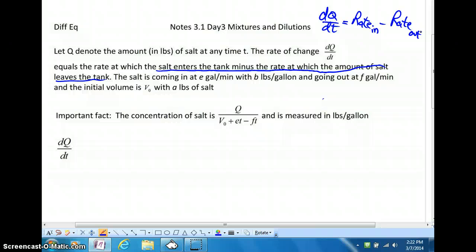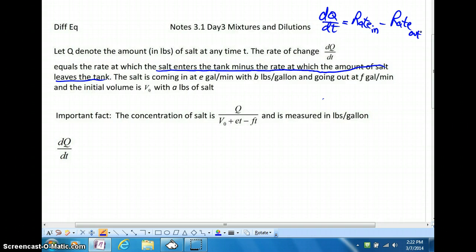But remember that we could deal with more complicated problems. You might have different rates of flowing water coming in as well as out. If the rate of flow in gallons per minute equals the amount coming out in gallons per minute, then our volume of water remained the same. But what we could also deal with is something a little bit more complicated.